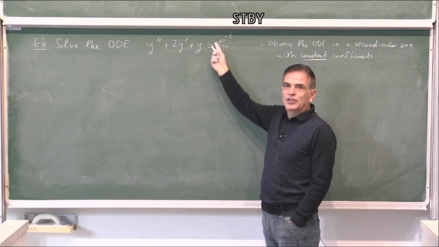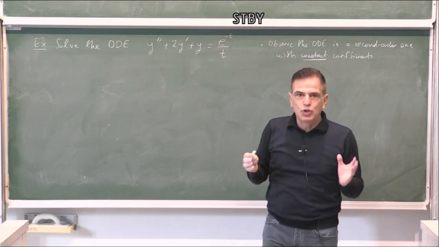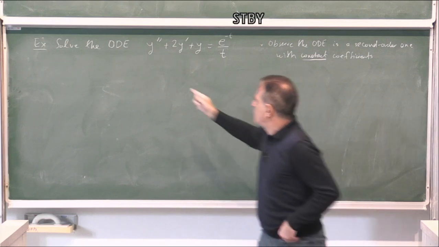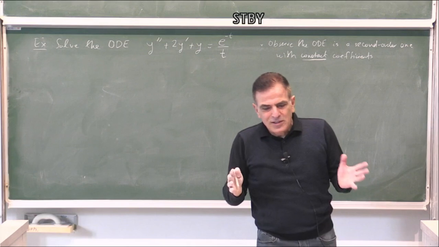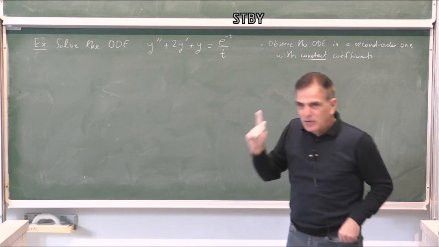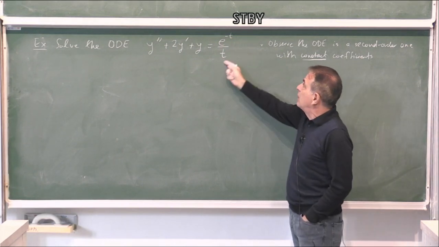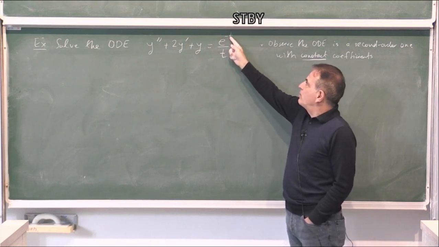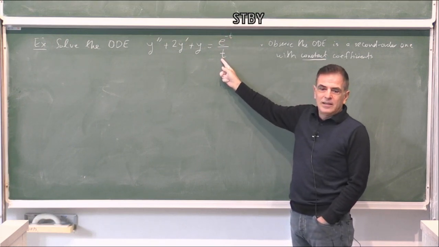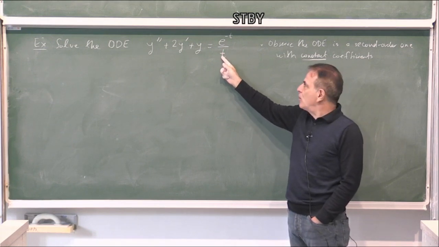Recall that there is a restriction. In principle, because the equation has constant coefficients, the UC method may be applied, but you can also look at the form of the right-hand side. So e to power minus t over t. Yes, t appears in the denominator.